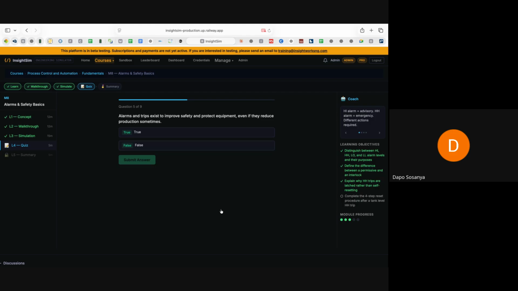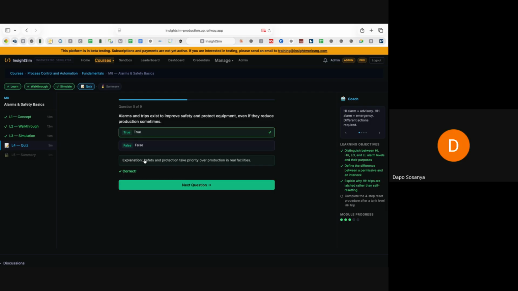Alarms and trips exist to improve safety and protect equipment, even if they reduce production sometimes. True or false? True.